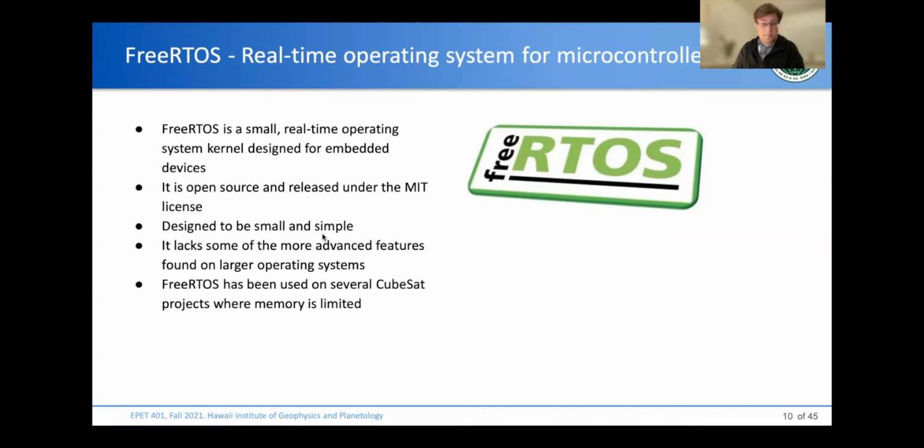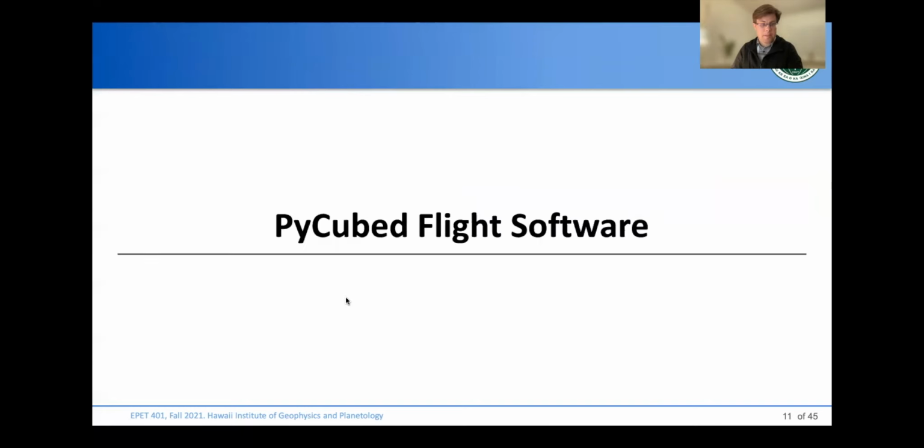It's designed to be small and simple, but it does not have fully functional features like you would expect in other operating systems. So this is where you really want to get your memory footprint as low as possible, and possibly power. All right, so that was just an overview of options that are out there.